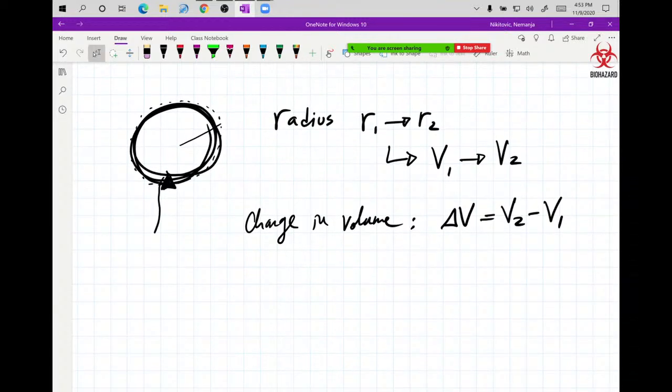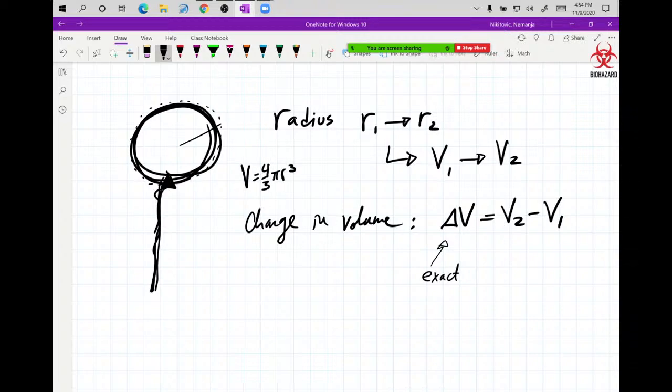So let's go and compute the approximate change, because this would be the exact change, because I am using the actual R1 and R2 in the formula to compute V1 and V2. We know that the formula for a sphere is 4/3 pi r cubed.